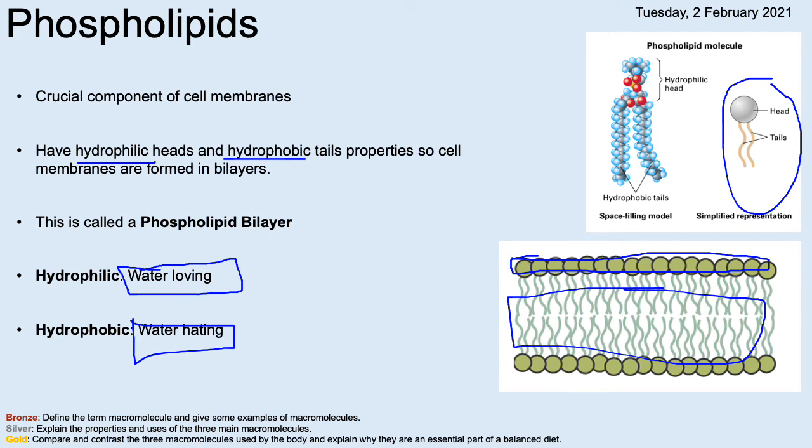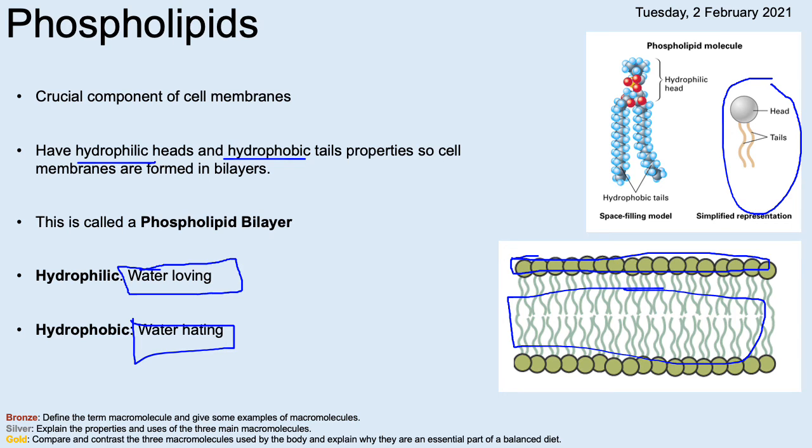So a good way to describe how hydrophilic hydrophobic interactions work is to look at a magnet. If you've got two magnets and you put both of the north poles together, what happens? Well, they repel because they are the same pole, and that is basically what's happening with the hydrophobic tails and the water.